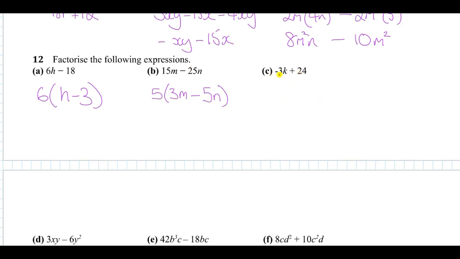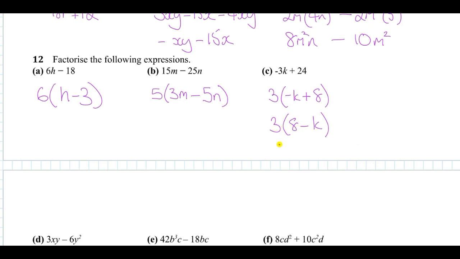For C, 3 goes into both 3 and 24. However, if I take just the 3 out, I will need negative k at the front there, plus 8. That's okay. I'd rather write that as 3 times 8 subtract k.